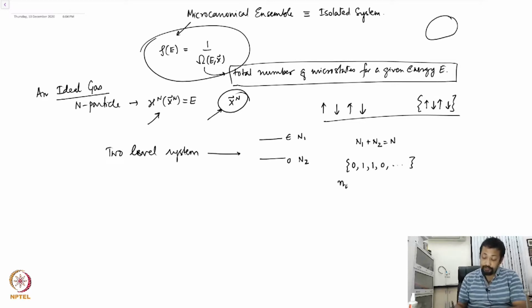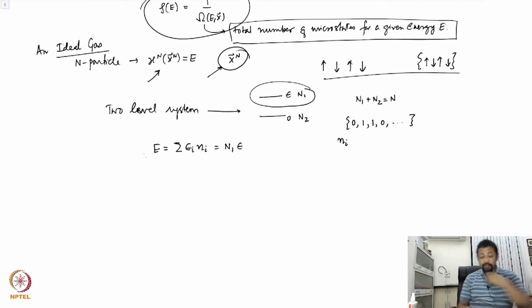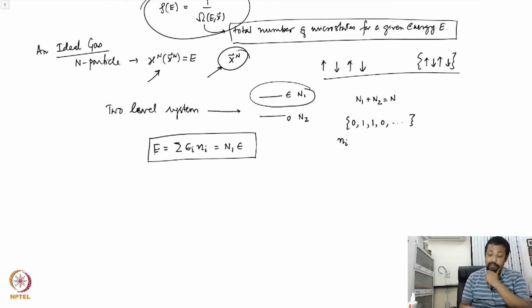So the occupation number n_i will define the microstate of the system, so that the total energy we can write down as the sum over epsilon_i n_i, which becomes n1 epsilon. All those particles which occupy the first excited level contribute to the energy; the ground state does not contribute to the energy. So we have therefore n1 as E over epsilon.